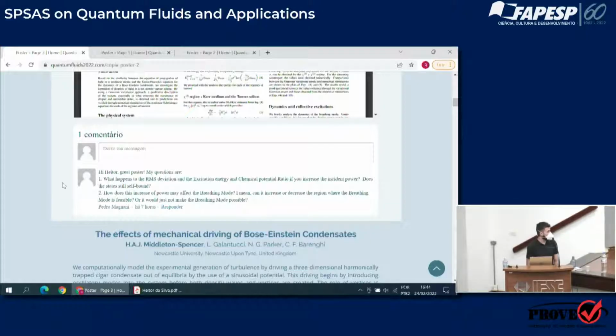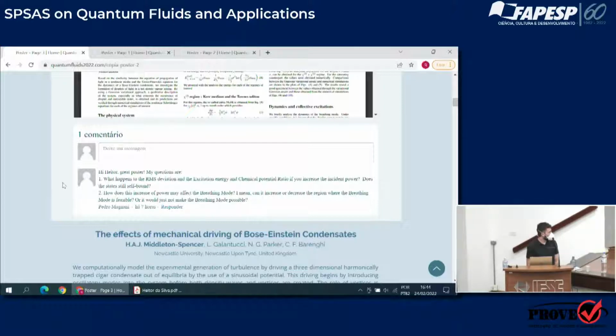If you consider a smaller value for the incident power, due to the constraint in our variational approach, the range of frequency detuning values we are allowed to explore will be smaller, but the window for observing this breathing mode will be wider. So this was a good question.